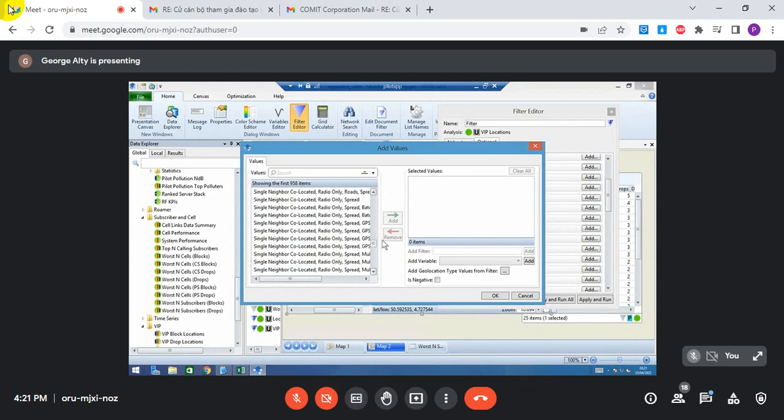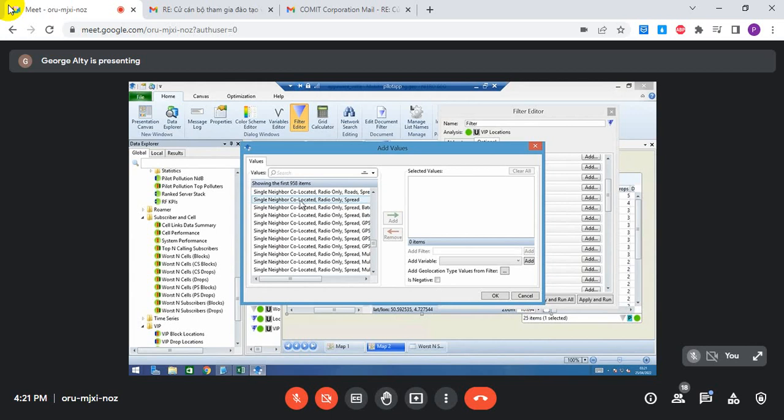So here we've got, for example, a single neighbor co-located. That means in the information, what we had is a subscriber measurement report, excuse me, that had a single neighbor in it, as well as the serving cell. And that single neighbor was co-located on the same site as the serving cell, okay? So that's one way we geolocated it.